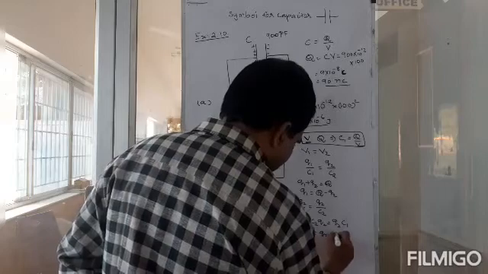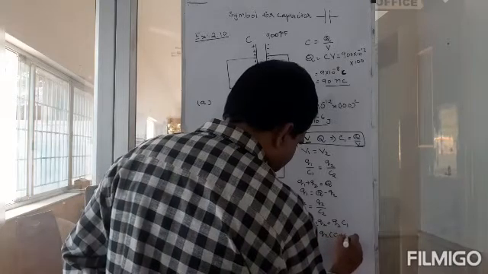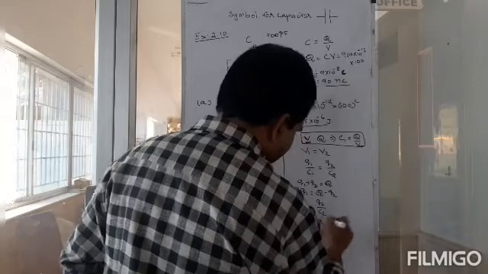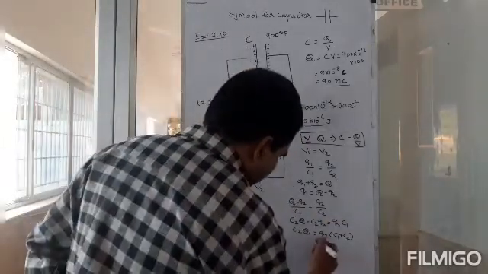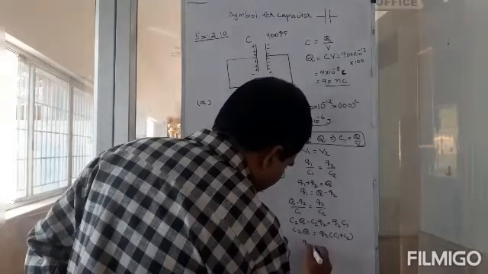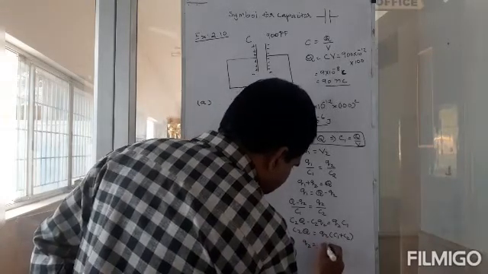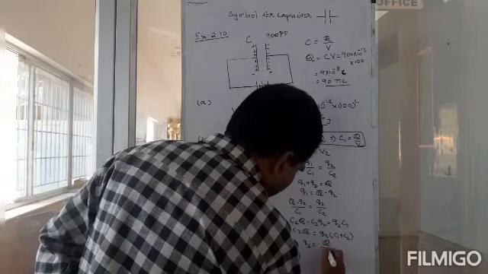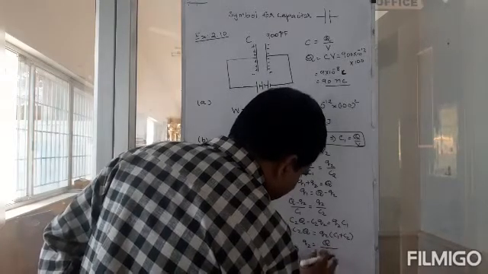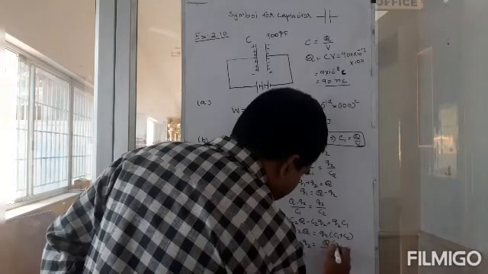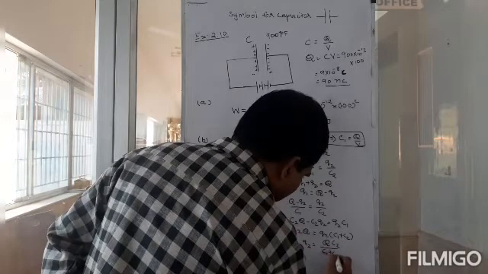Q2 into (C1 plus C2). Okay. So what does it give me? So Q2 can be written as Q into C2 by (C1 plus C2).